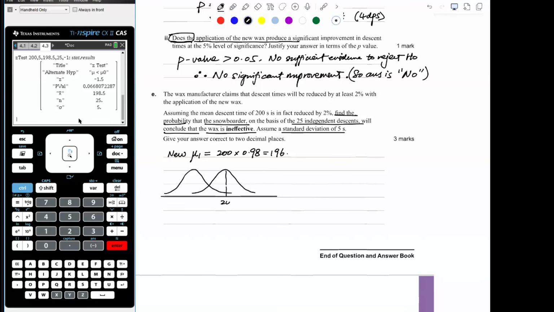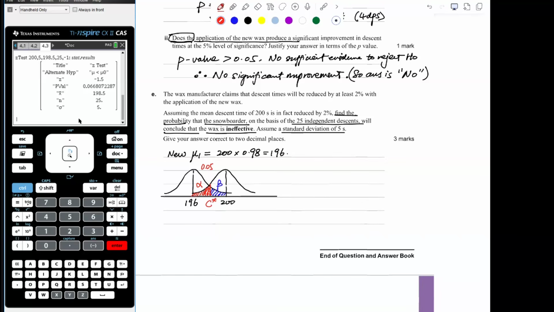So this was 200, the old mean value. This is the actual mean value, 196. Basically, previously we had a significance level of, say, this is my alpha, 0.05. And then we somehow need to figure out this beta, okay? So in order to figure out the probability of beta, which is the type 2 error, we firstly need to find a critical level.